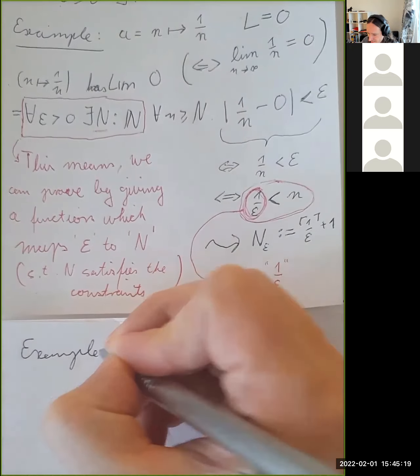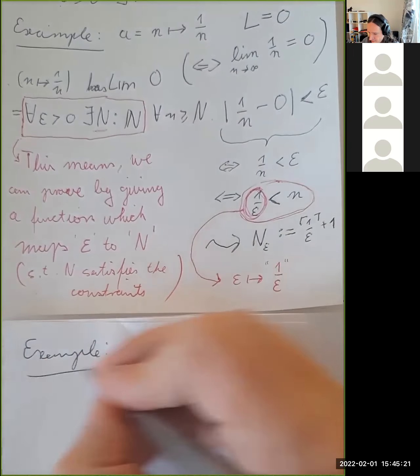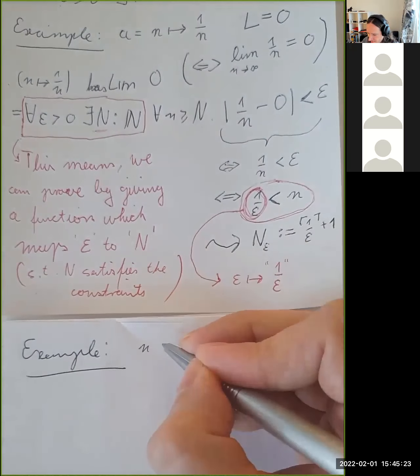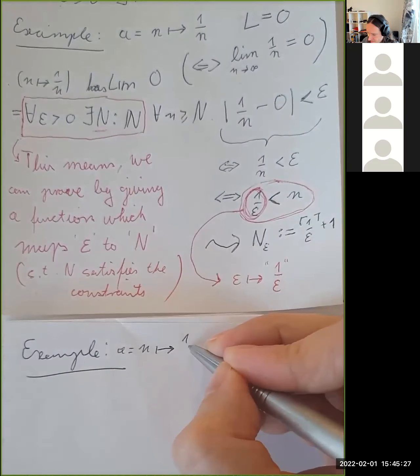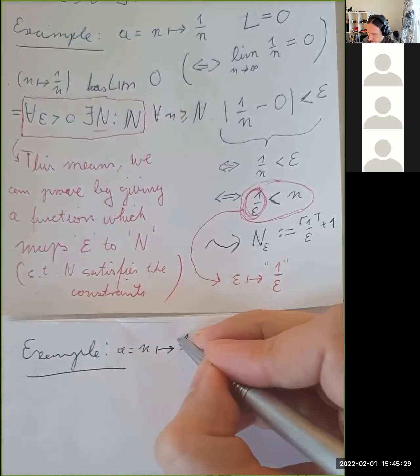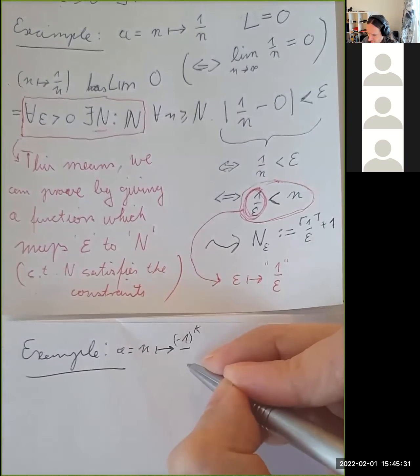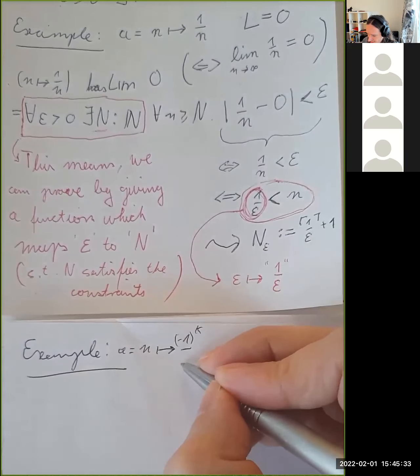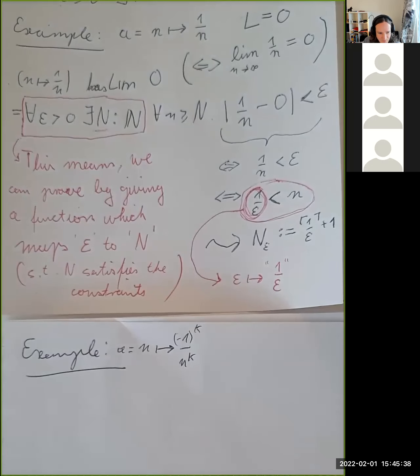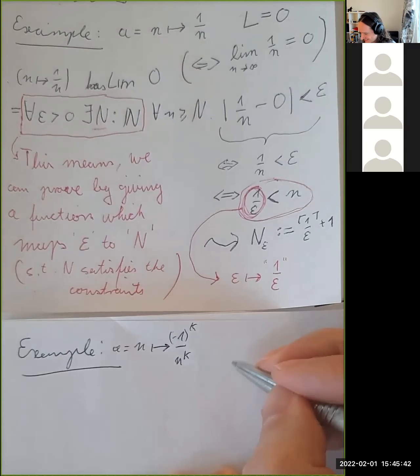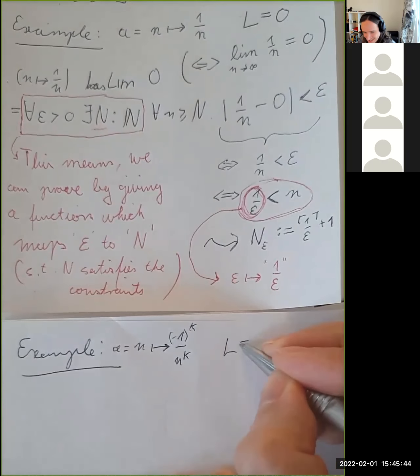Slightly different example. Let's say we look at the sequence, let's do it like this, -1 to the k over n to the k. You can guess the limit again, but I'm afraid it's not very exciting.